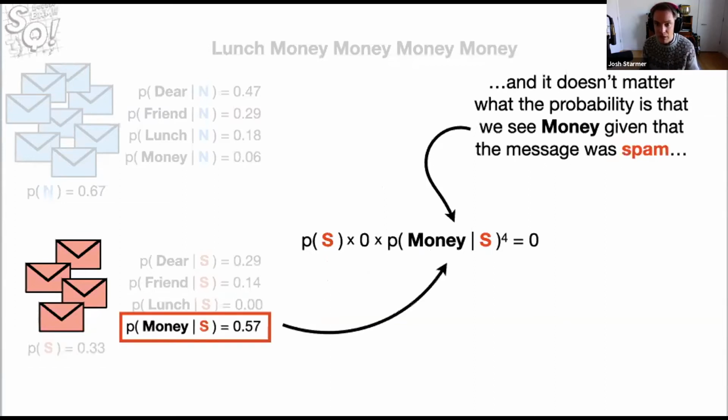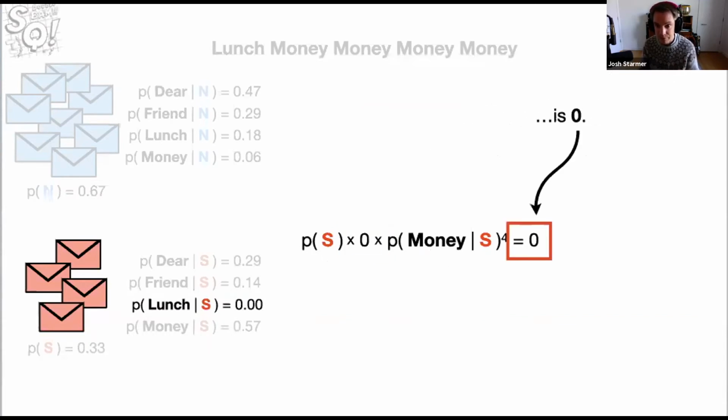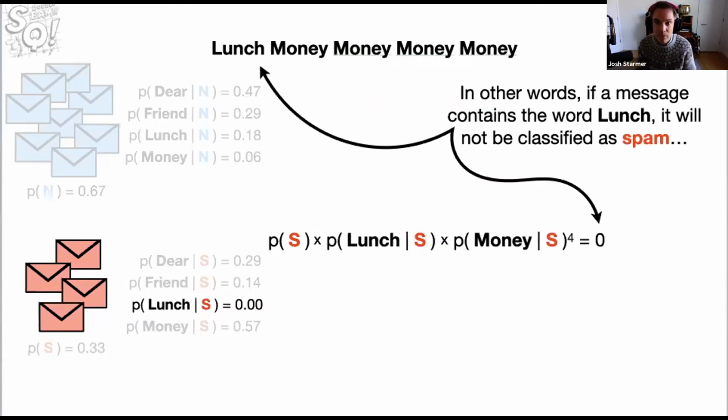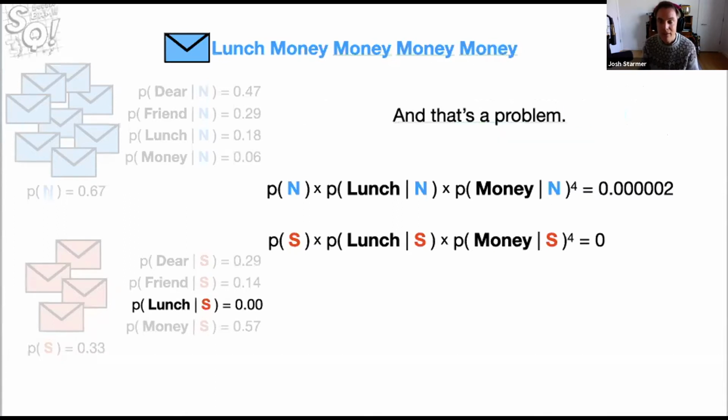And it doesn't matter what the probability is that we see money, given that the message was spam. Because anything times 0 is 0. In other words, if a message contains the word lunch, it will never be classified as spam. And that means we will always classify the messages with lunch in them as normal, no matter how many times we see the word money. And that's a problem.